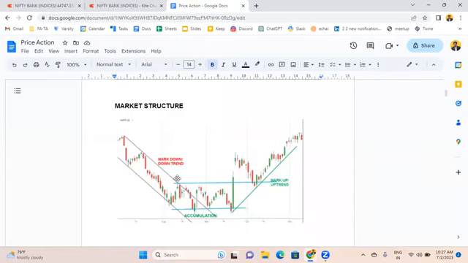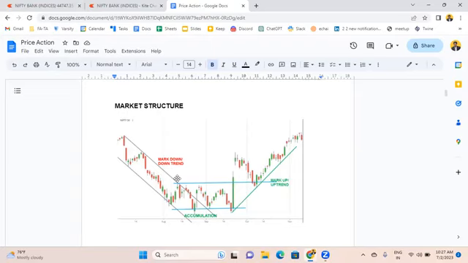To put it in layman's language, uptrend is nothing but where there is an excess number of buyers. Downtrend is nothing but where there is an excess number of sellers, and accumulation is where there is a balance between buyers and sellers.